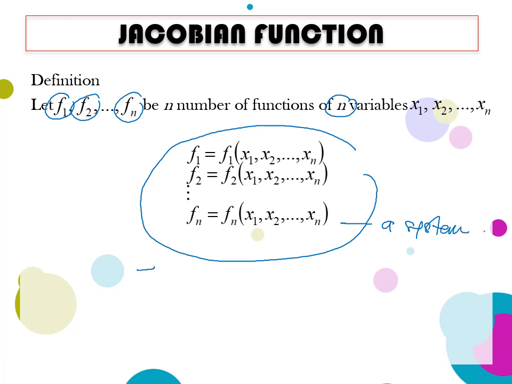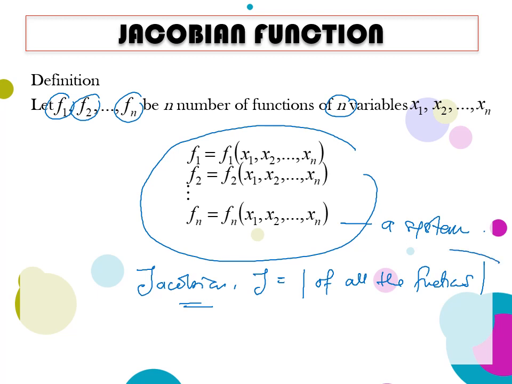So Jacobian, which we denote as J, is the determinant of all the functions. So that is the idea. Jacobian is the determinant of all functions.